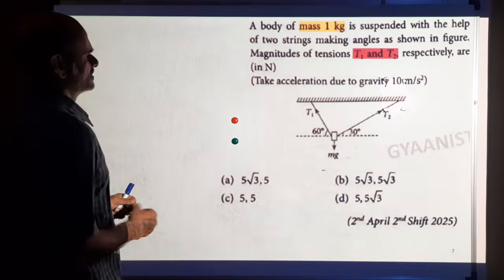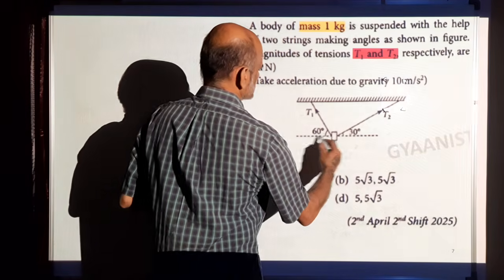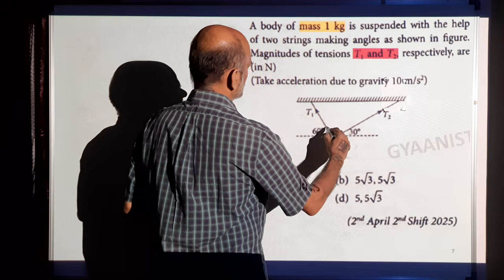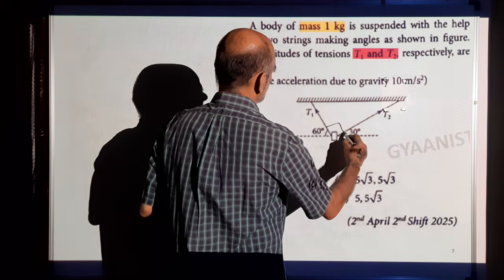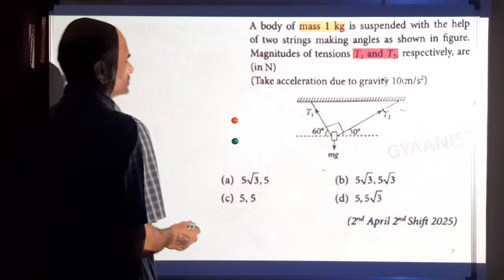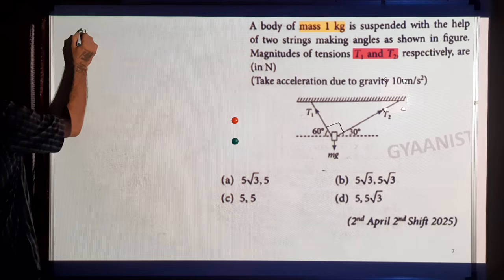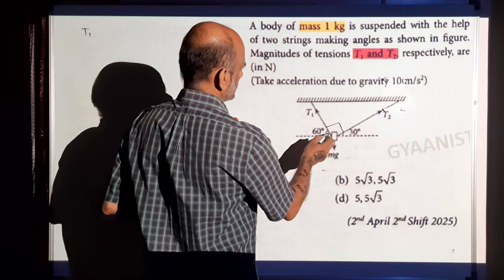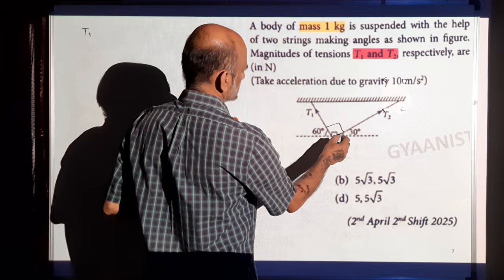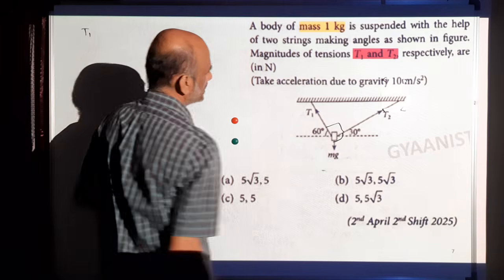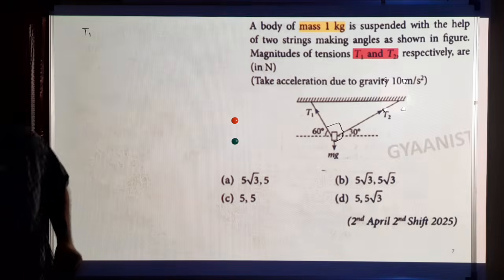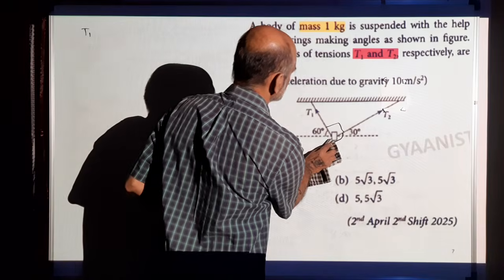We can use Lami's theorem. This is a straight line, so the total angle is 180. Here 60 plus 30 is 90, so the remaining angle is also 90 degrees. So Lami's theorem: the force T1 divided by the sine of the opposite angle. There are three forces T1, T2 and mg. Between T2 and mg, the angle is 90 plus 30.